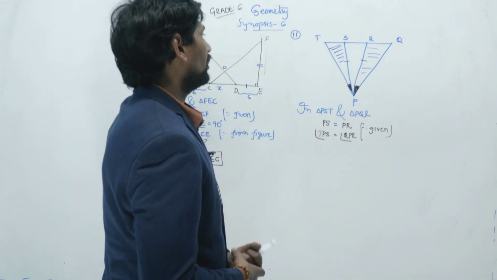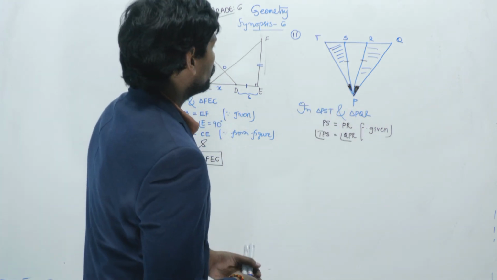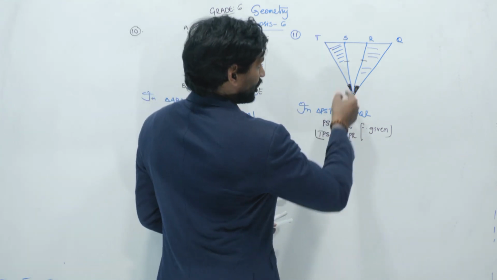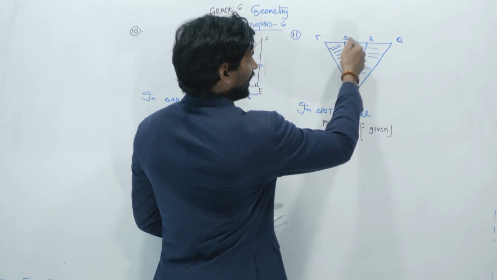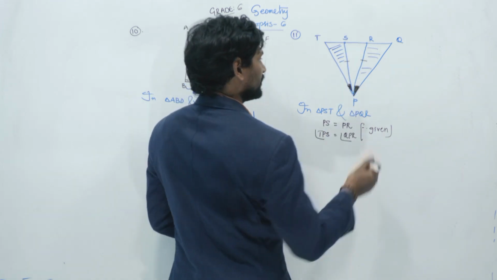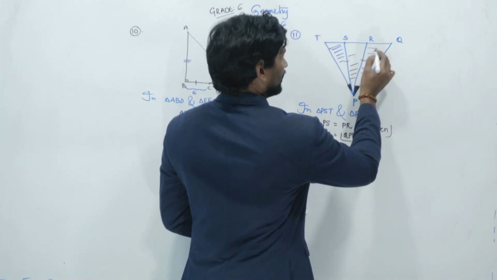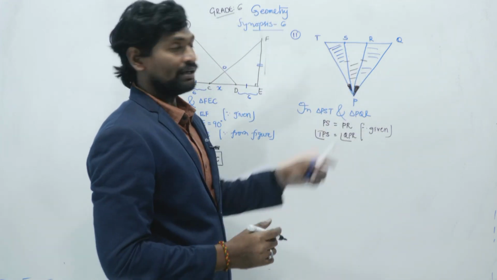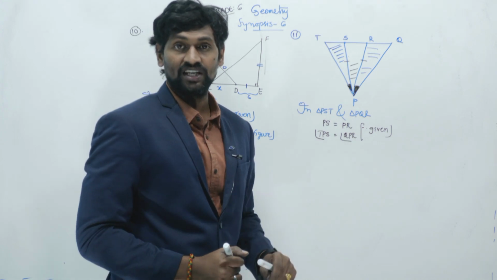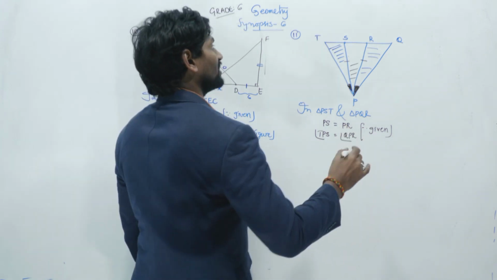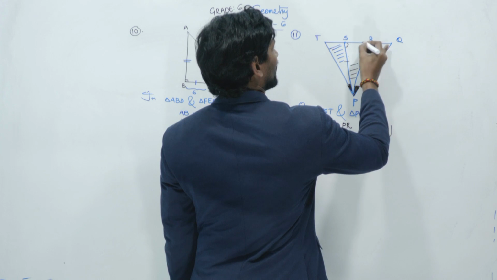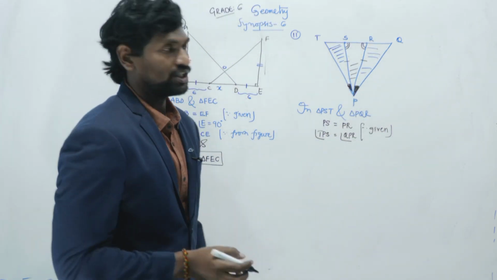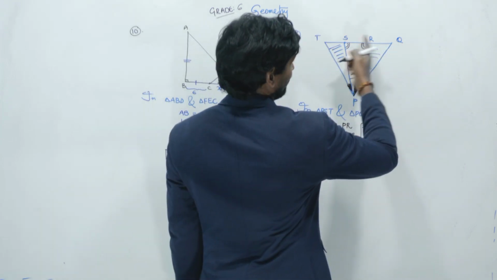Now if you take triangle PRS, the middle triangle, in PRS two sides are equal, so we can consider PRS as an isosceles triangle. In an isosceles triangle, base angles are equal, and we know PQ is a straight line.